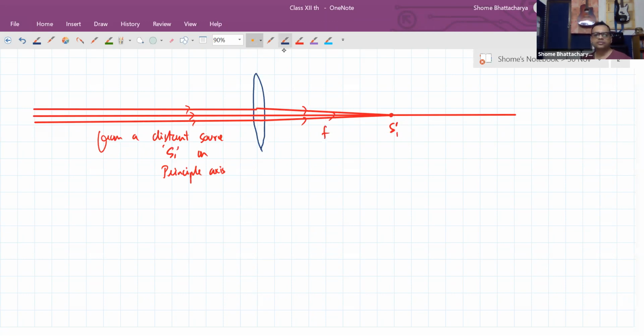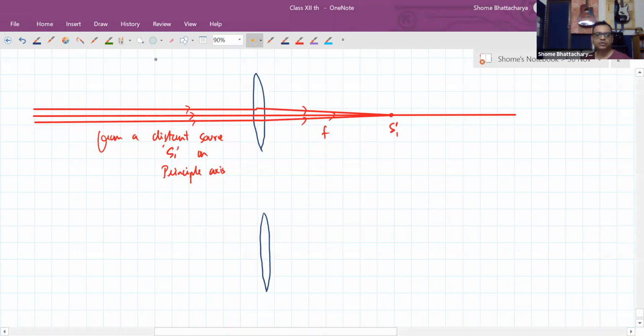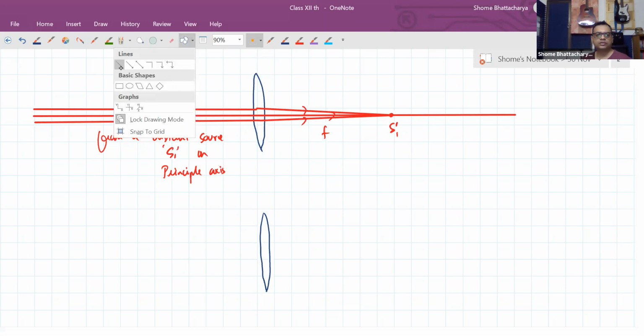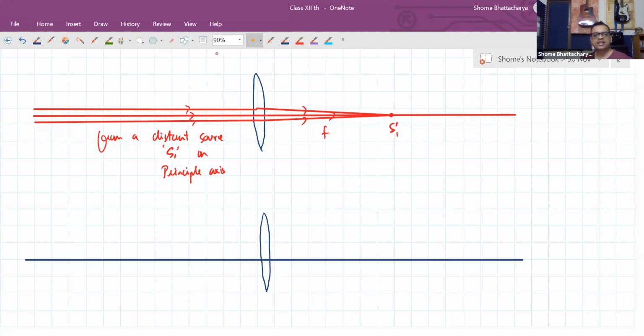But what about light coming from a second source which is not on the principal axis, slightly above the principal axis? Again it's a little difficult to show in this diagram because we want to show an angle which is tending to zero. So we will do a sort of approximation. If this is your principal axis, the light coming from that second source is at a slight angle with respect to the principal axis.